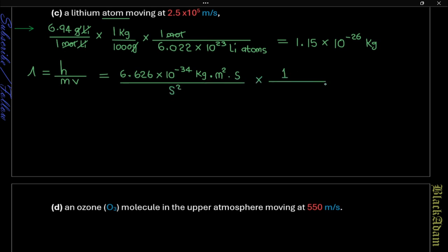So that's 1 over our mass, 1.15 multiplied by 10 to the power negative 26 kg, and that's 1 over the speed, 2.5 multiplied by 10 to the power 5 meter per second. The kg cancels out, and then the meter into meter squared is meter. So the wavelength has meter as a unit.